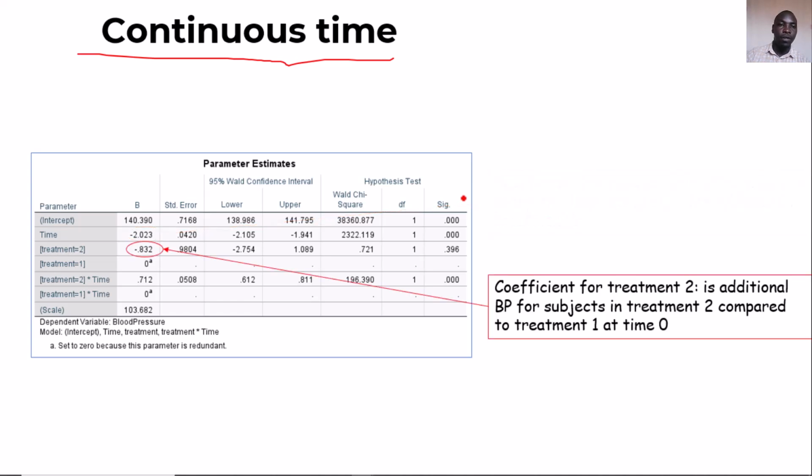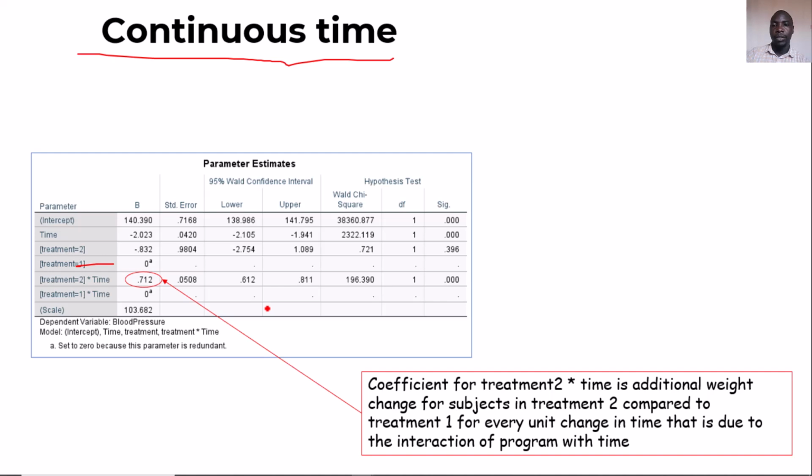Whereas if we go to a categorical variable like treatment, we have a reference group. So this would be the additional blood pressure for subjects in treatment 2 compared to treatment 1 at time 0. Then when it comes to the interaction term, this is the change for subjects in treatment 2 compared to treatment 1 for every unit change in time that is due to interaction between our variable, our treatment, with the time.